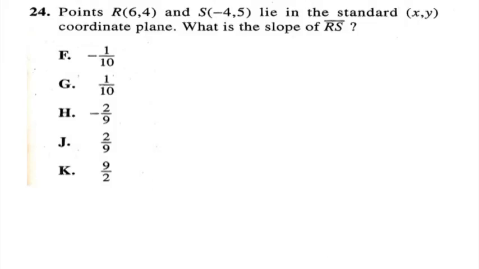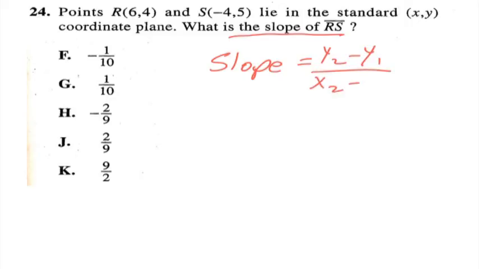Now we get another one of these. These points lie in the standard XY coordinate plane. What is the slope of the line? In this particular case, we're going to use the formula slope equals y2 minus y1 over x2 minus x1. Up here, this is x1, y1, x2, y2.